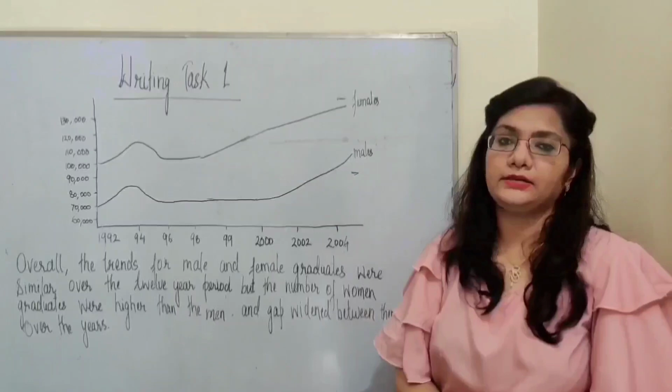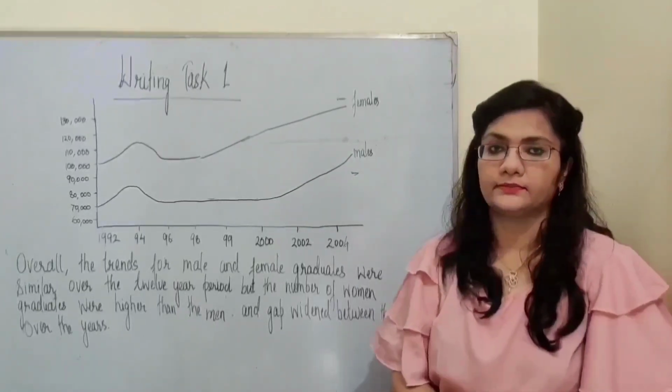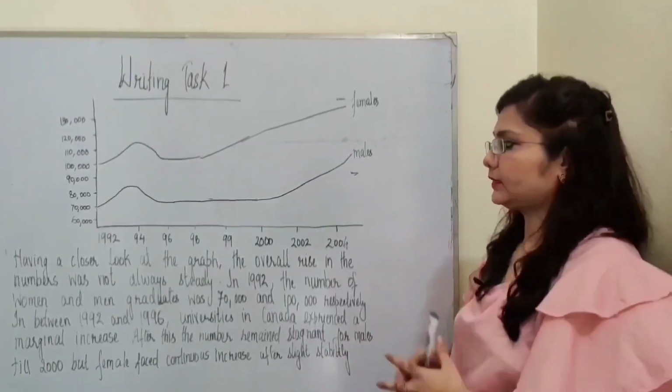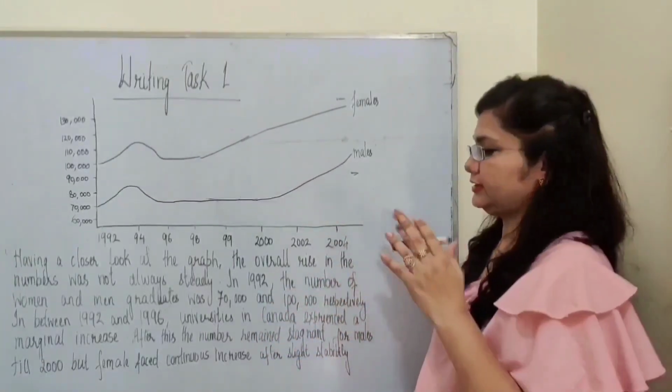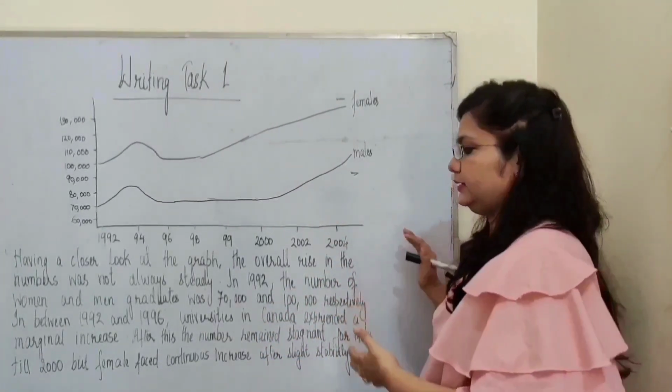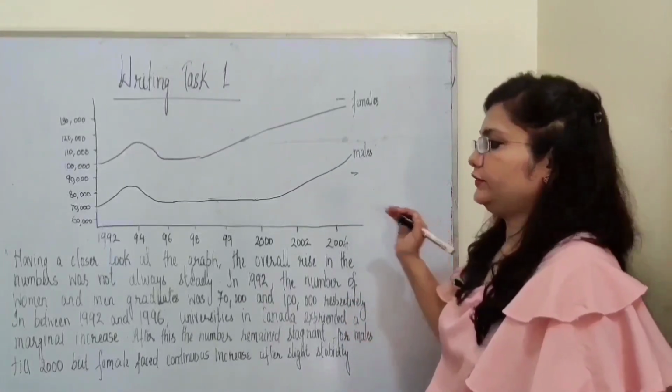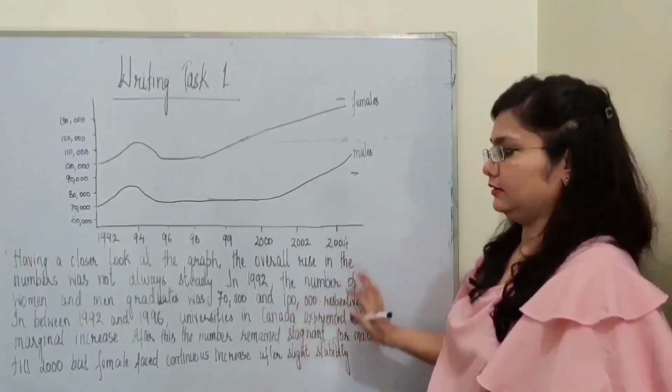Now, what we are going to write in the body paragraph 1. In body paragraph 1, we will give a detailed description of the Writing Task 1. This is the main body paragraph. So, we need to give each and everything here.